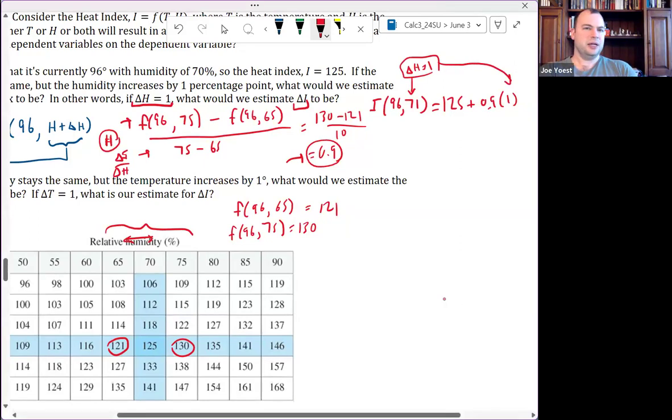That's where this comes from. Just a linear approximation. This is just Calc 1, because that 96 is not changing at all. We're just moving in one variable. This would end up being 125.9, and this is, of course, a linear approximation.